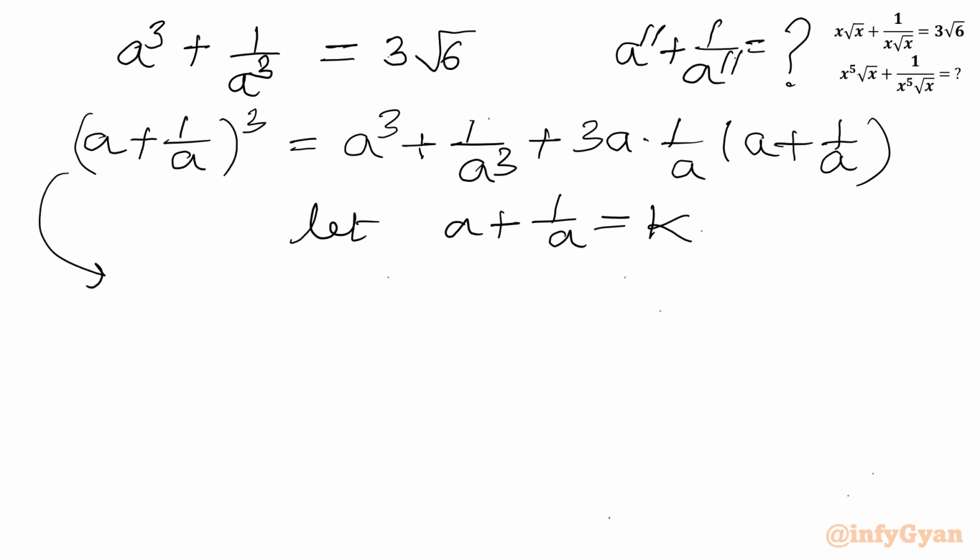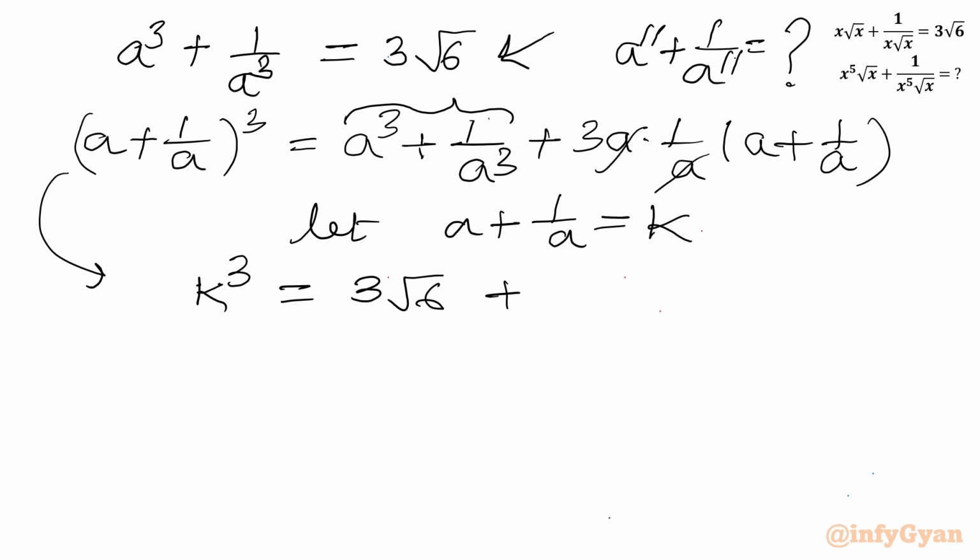So I can write here k cube equal to, this value is 3 root 6, so I will write 3 root 6, this will be over, and this is again k. So 3k. Now this is converting into one cubic equation: k cube minus 3k minus 3 root 6 equal to 0.